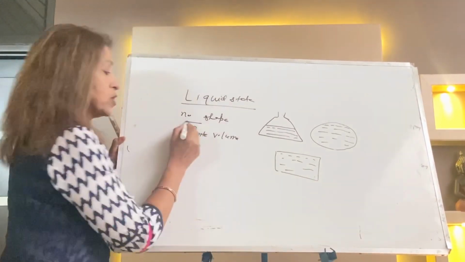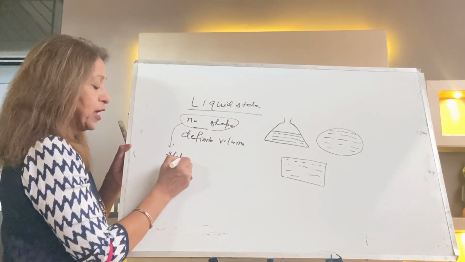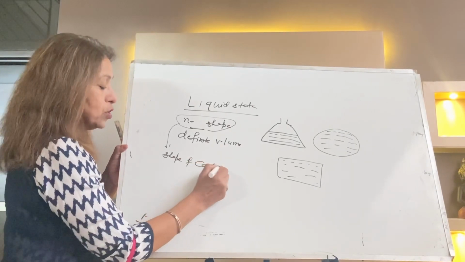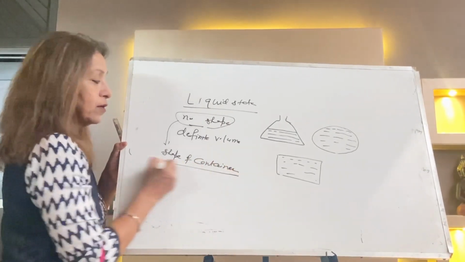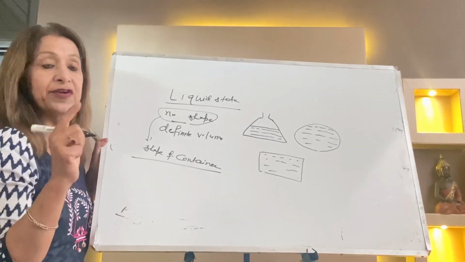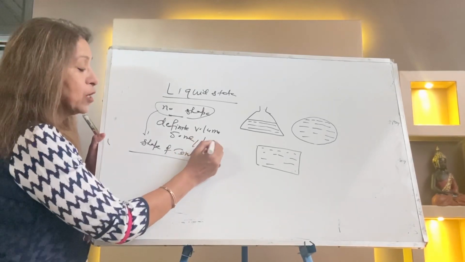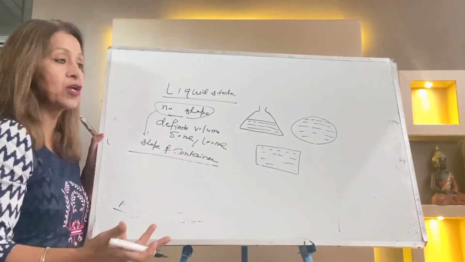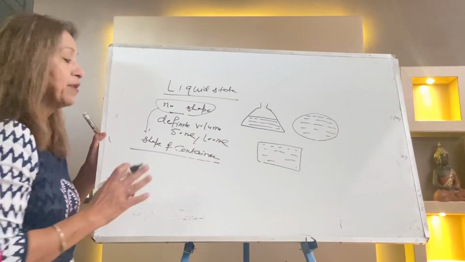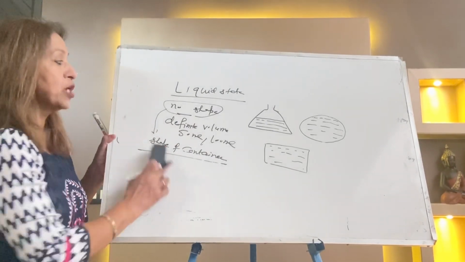Remember, liquids do not have any shape, but they take the shape of the container. They have no definite shape, but they have a definite volume. We generally say 50 ml liquid, 100 ml liquid, 200 ml liquid. So liquids have a definite volume, but no shape. Liquids take the shape of the container.